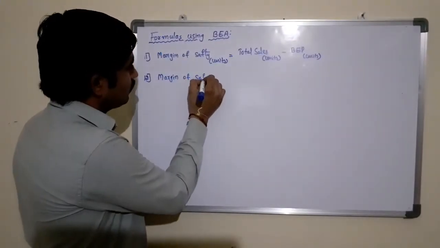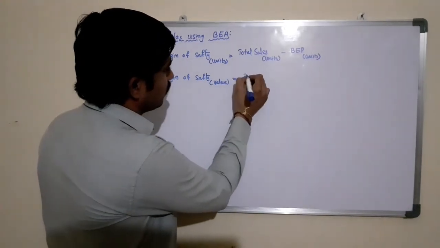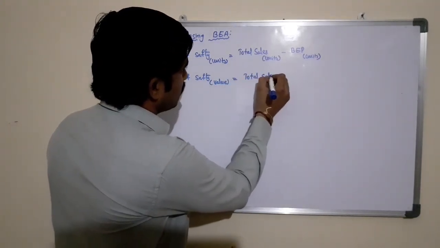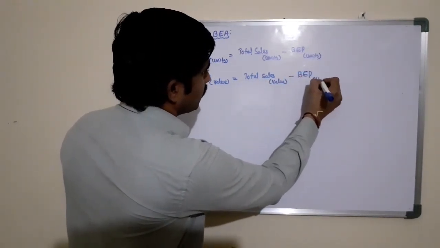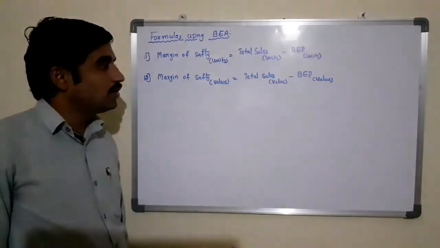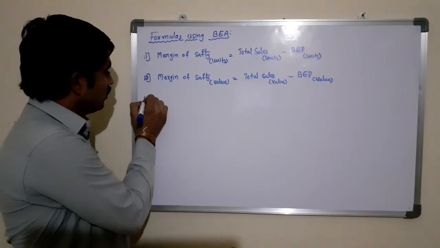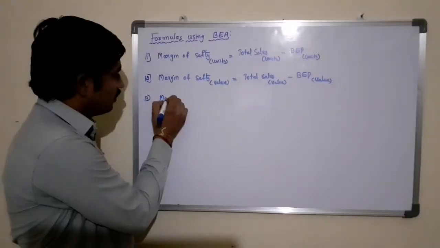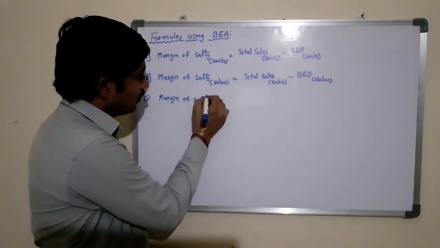And another formula, the margin of safety in terms of value equal total sales in value minus BEP in terms of value. This is the equation which we are using to determine margin of safety in terms of value. Next, the third one, 13, is margin of safety ratio.